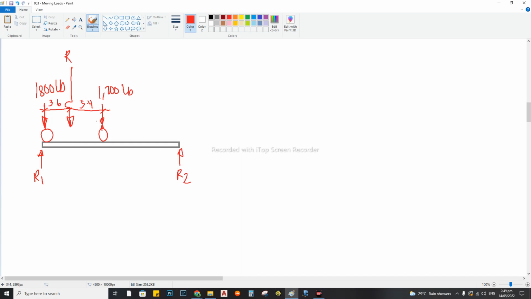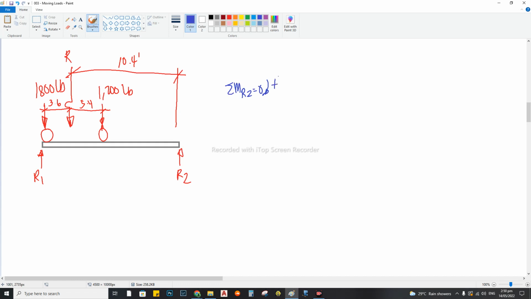So atong kuan is si reaction 1. So ato gibong gamiton is si resultant na lang nga support para usa na ka biyahe. The resultant force is 10.4 feet from reaction 2. Okay. So summation of moment at reaction 2 is equal to 0.